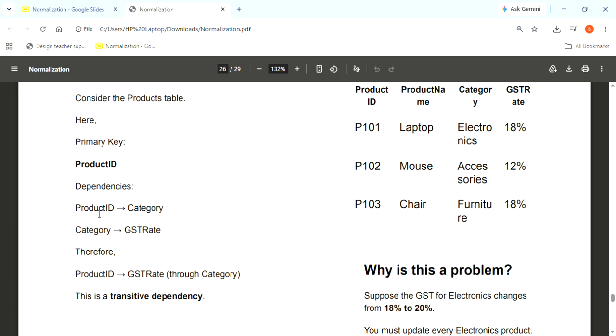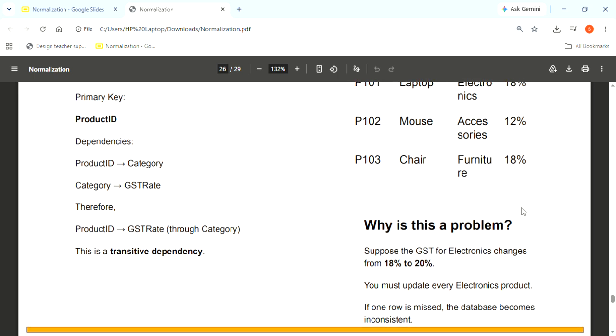Product ID depends on the category, and category is dependent on GST rate. Hence, product ID has to depend on GST rate. It is not directly related to that. So this type of dependency is called a transitive dependency. That means product ID depends on another non-key attribute, and then again it depends on another attribute only through that non-key attribute.